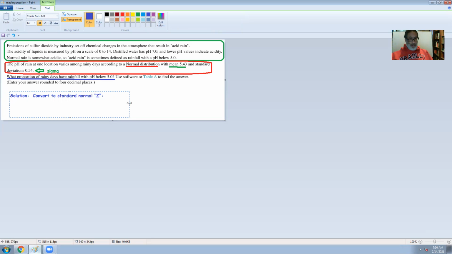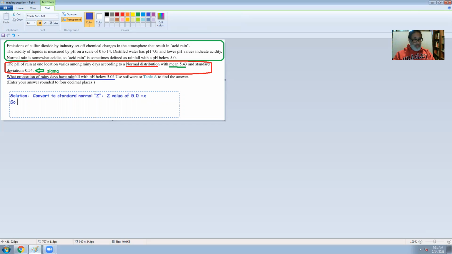And you probably learned that the z in question, we are interested in the z value of 5.0, because what proportion of rainy days have pH below 5.0? So that's what we're interested in. So we want that. That's going to be our x value.